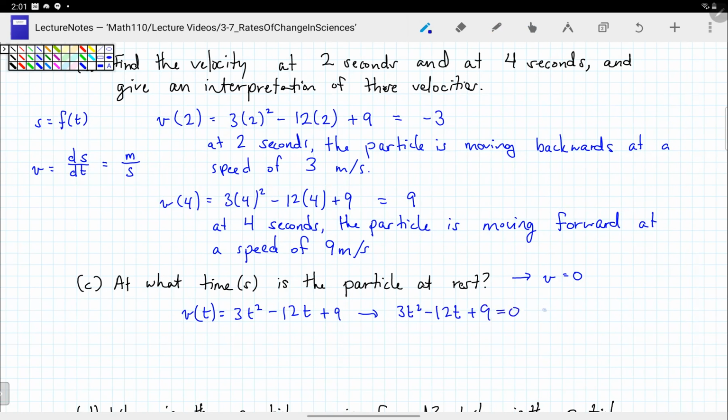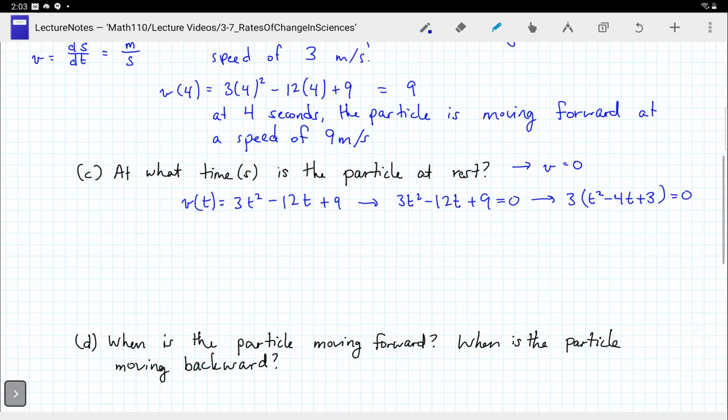Let's go ahead and factor a 3 out of here. 3 times t squared minus 4t plus 3 equals 0. Okay, so we can factor that further.